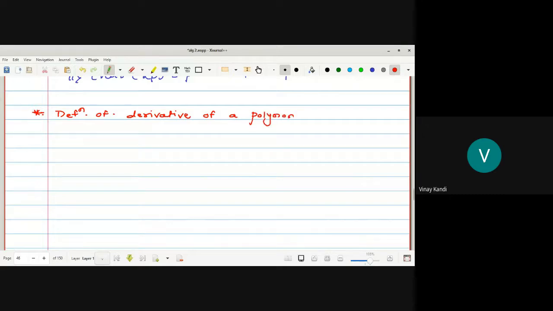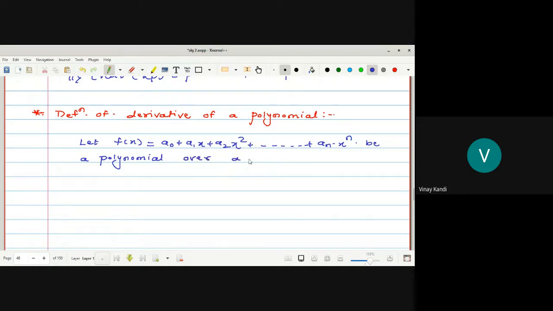Let f of x equal a naught plus a1 x plus a2 x square and so on up to an x raised to n be a polynomial over a field F.